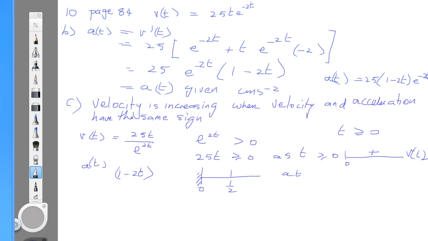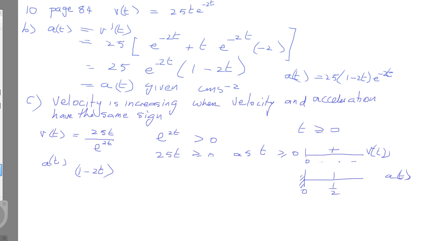Therefore, if we look at the acceleration function, and I've just realised I've made a mistake here, I need to draw that sign diagram matching it up with the velocity one. So let me just shift it. So I've got my sign diagram on the right with the zeros lining up. And if I put in a value like a quarter for t, 1 take 2 times a quarter is 1 take a half, that will be positive.